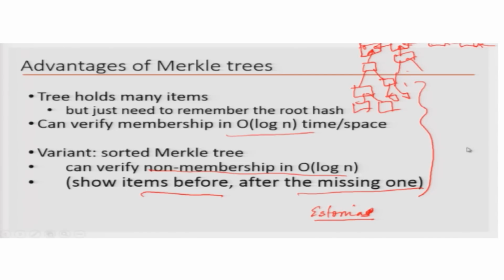Now, the public has this hash. Therefore, it will not be very easy if the public challenges that some data has been changed here, therefore this block got changed, this block got changed, this block got changed, then the government will be in trouble, because the public can challenge this information. So, that is the idea of Merkle tree.